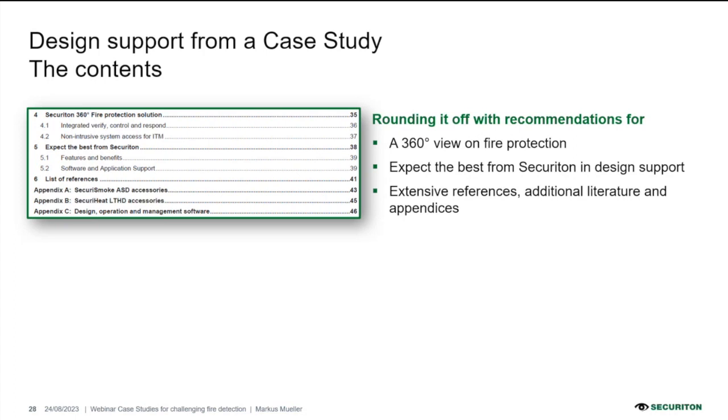We offer you design support, and we, last but not least, offer you an extensive list of references, additional literature, and we touch on more detail in the appendices of the guide.